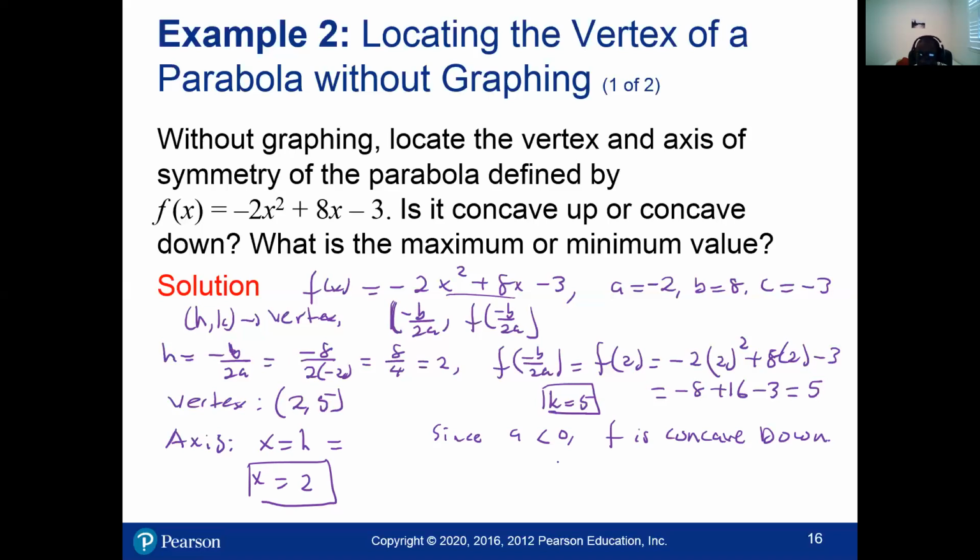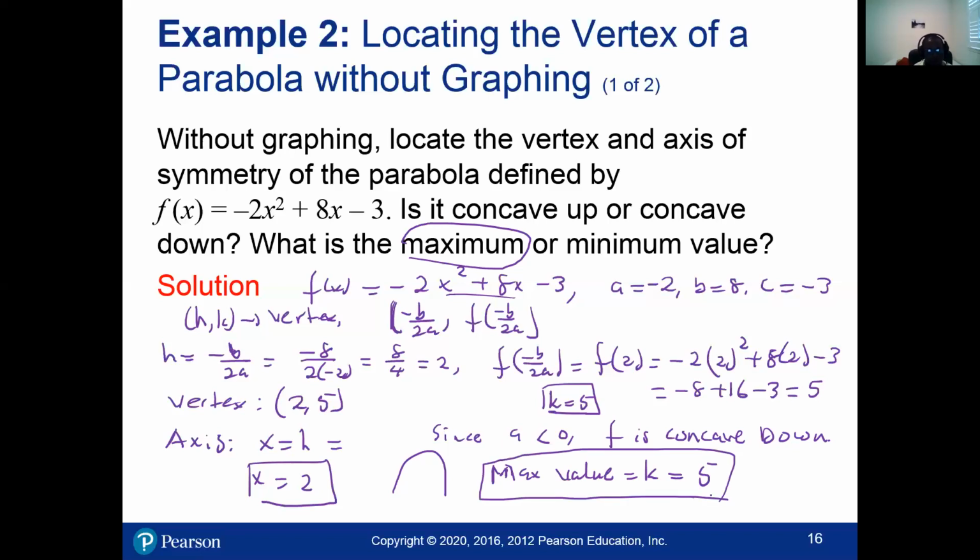Now, if it's concave down, then it is going to have a maximum value. That means the graph is going to be like this. So what is the maximum value? The maximum value is actually your k, which in this case is 5. So your k, which is 5, is your maximum value right here.